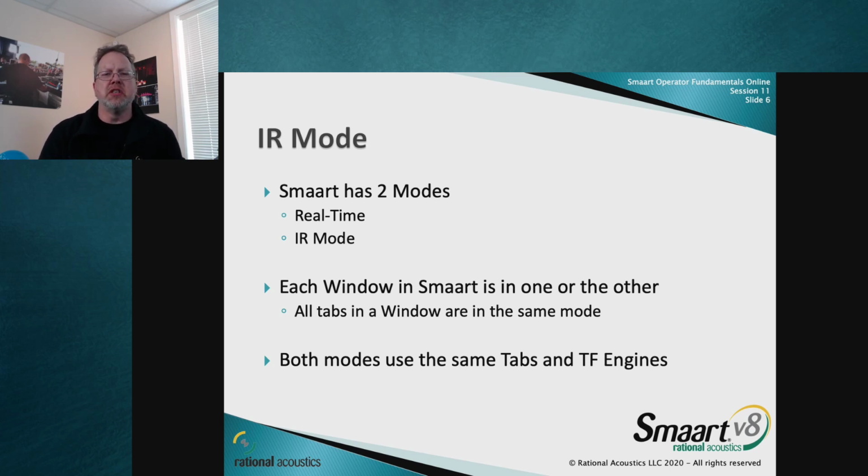Both modes use the same measurement engines and the same tabs that you set up. So to do the measurements, we're going to be using the transfer function measurements that we put together. And we'll choose a delay time for our measurement in IR mode. If we switch to real-time mode, that measurement engine has the delay that we set. So we'll use that functionality.